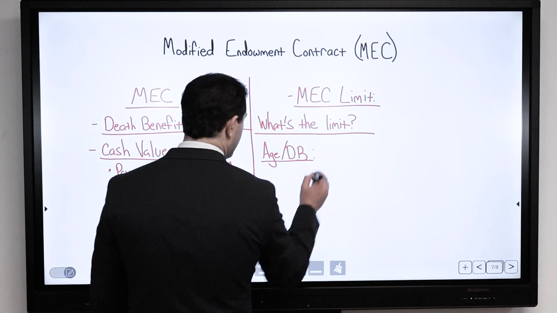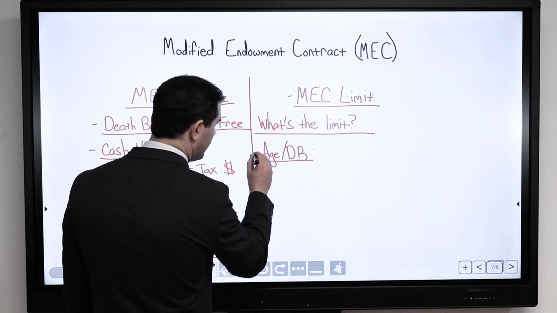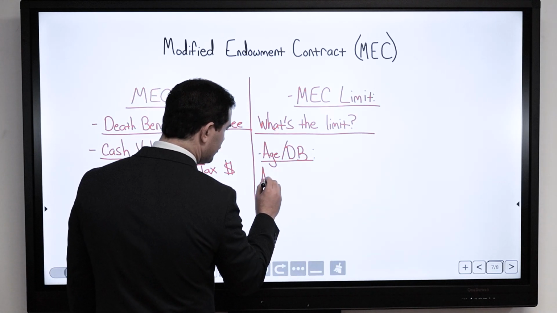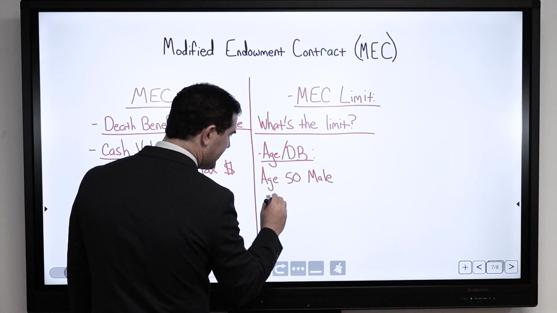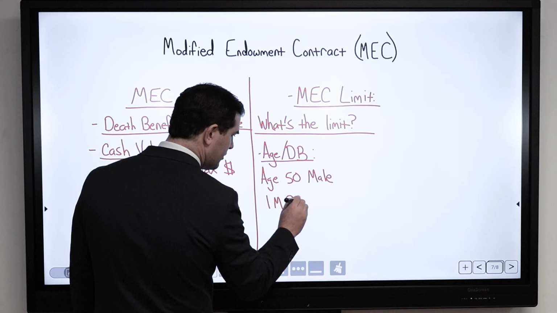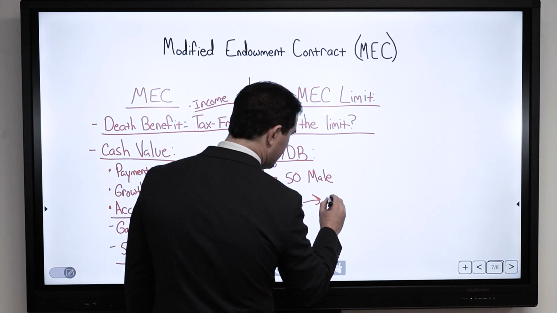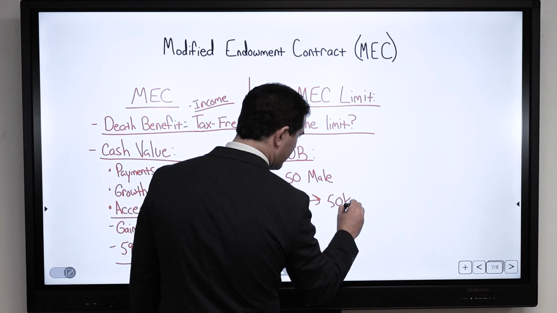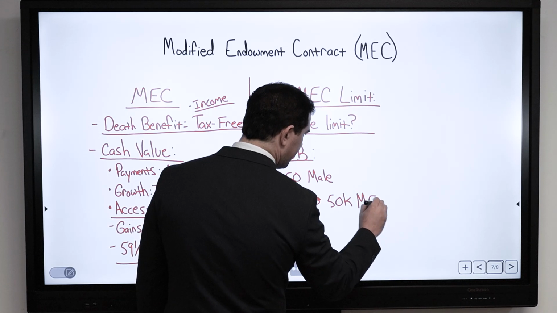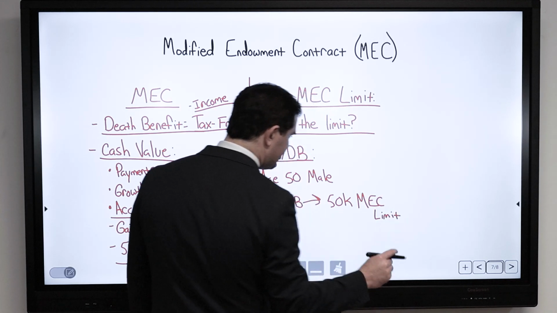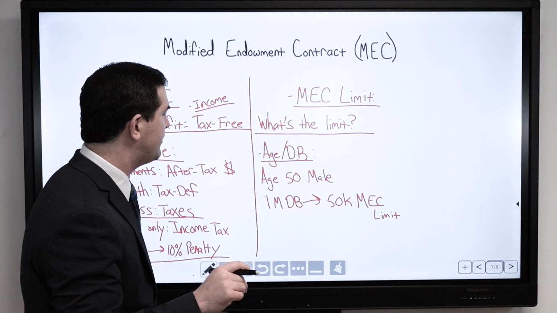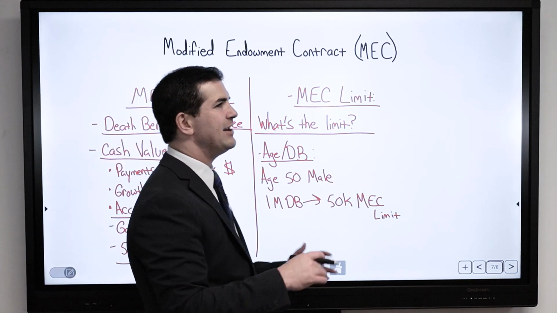So, an example here would be a 50-year-old male with a $1 million death benefit would have approximately, this is almost spot on, $50,000 MEC limit. Gender does play a role in this as well, but the primary drivers are age and death benefit.